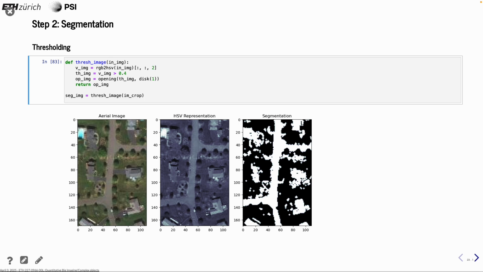So it's going around a circle where you have the different color values. I'm putting it into the intensity here, looking at intensity 0.4, and then I get this thresholding, which kind of makes sense. We see we have the street, but we also have a lot more clutter in this image.